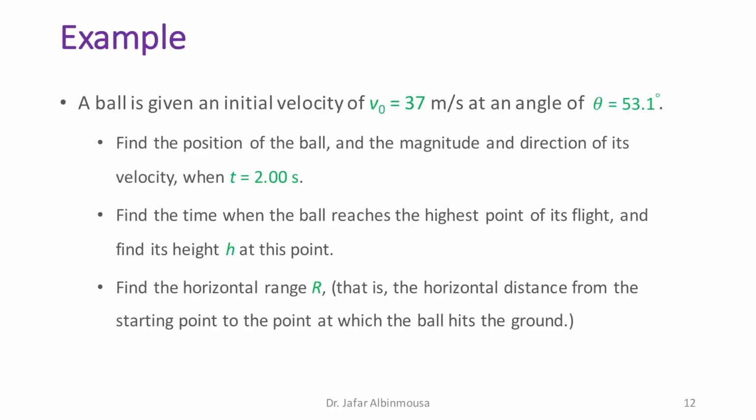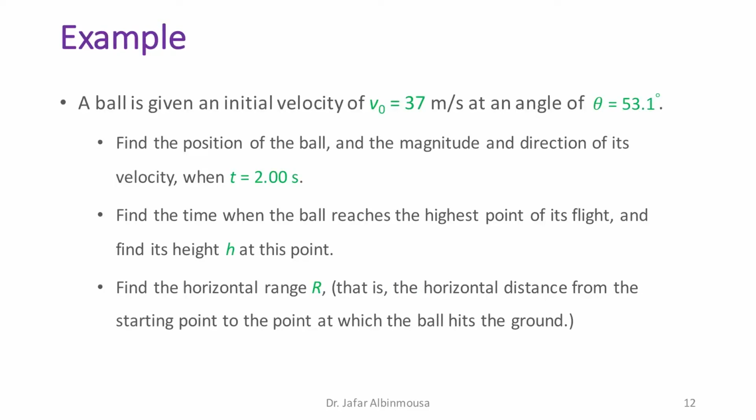So let's have this example. A ball is given an initial velocity of v0 equals 37 meters per second at an angle of theta equals 53.1 degrees. We want to find the position of the ball and the magnitude and direction of its velocity when time equals 2 seconds.